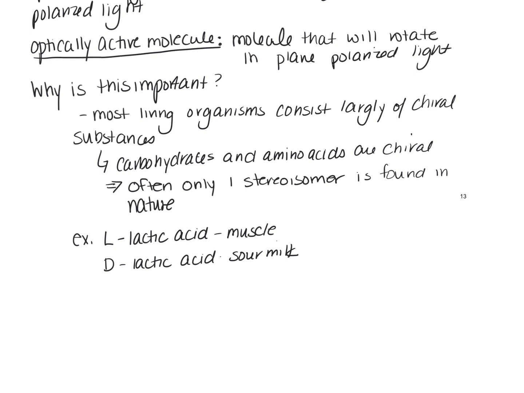When there's only one enantiomer in a given biological system, which is most often, one of the things to realize is the system can only really use one enantiomer. So humans, for example, use the D isomer of monosaccharides.